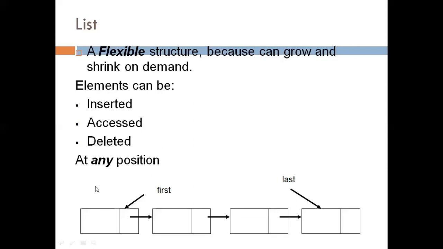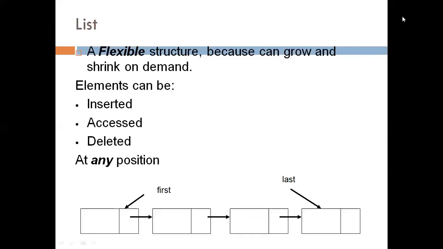If it is a singly linked list, then only this first pointer is required. And if we use arrows in both directions, that is a doubly linked list, then we need two pointers, one to point to the first element and last to point to the last element or last node.